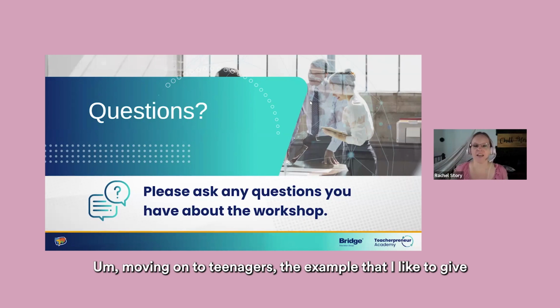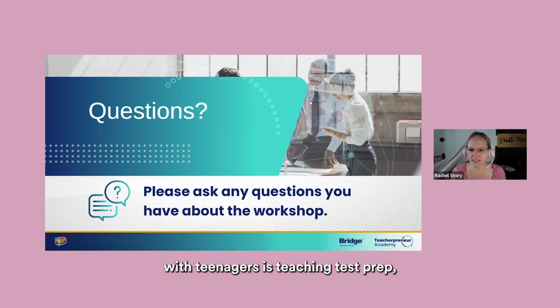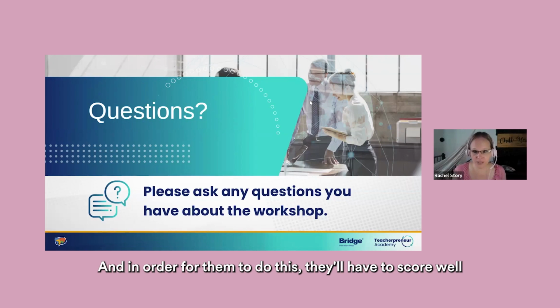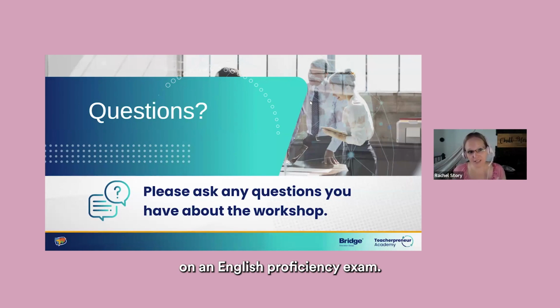That is a niche. Moving on to teenagers, the example that I like to give with teenagers is teaching test prep, because there are a lot of teenagers out there who would like to study abroad in an English-speaking country. And in order for them to do this, they'll have to score well on an English proficiency exam. So this could also be a niche.